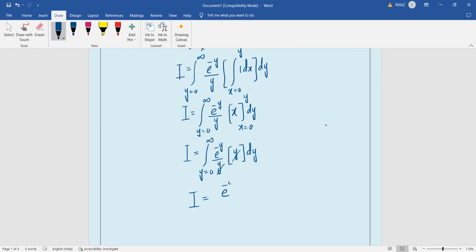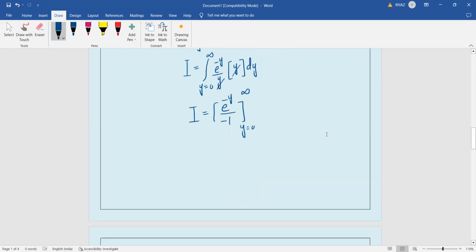So the integration of e power minus y is e power minus y by minus 1, with limits y is equal to 0 to infinity. So we pull the minus outside and then apply the limit. Upper limit minus lower limit is the rule. So I is equal to this minus term outside, e power minus infinity, the upper limit, minus e power 0, the lower limit.